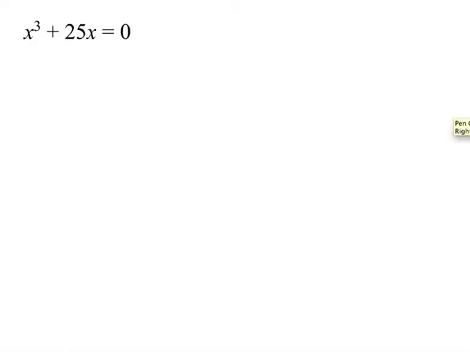Okay. So anyway, let's look at this next one. X cubed plus 25x equals 0. We need to find the zeros. So what are you going to do? Take out x. Very good. So, right on track. So x times (x squared plus 25) equals 0. So I've got 2 quantities.